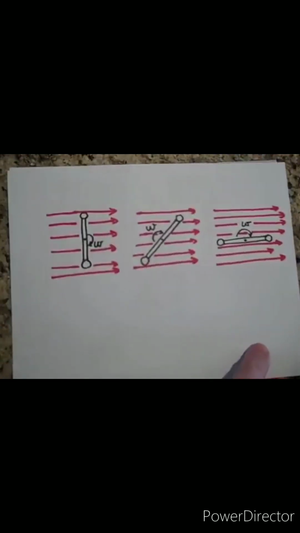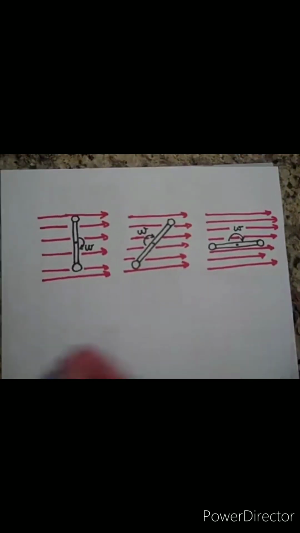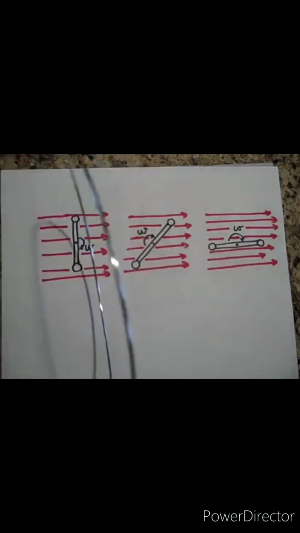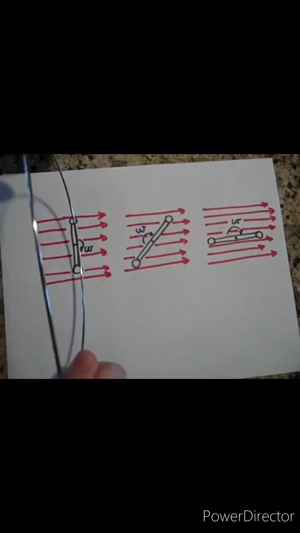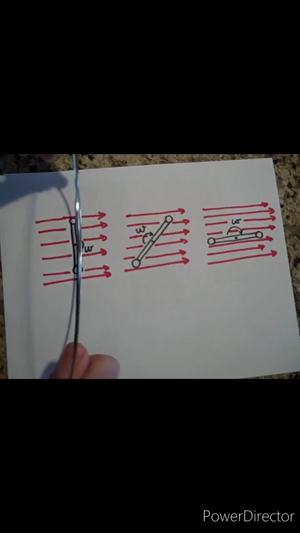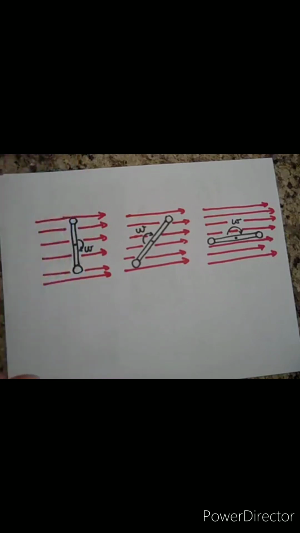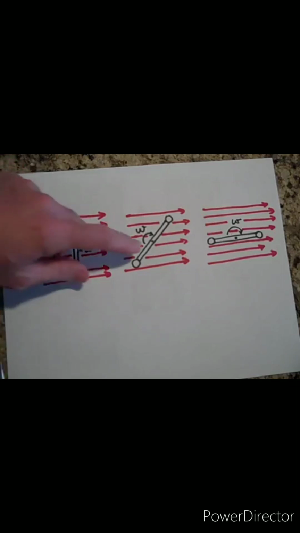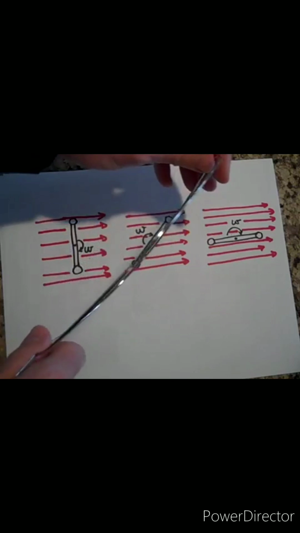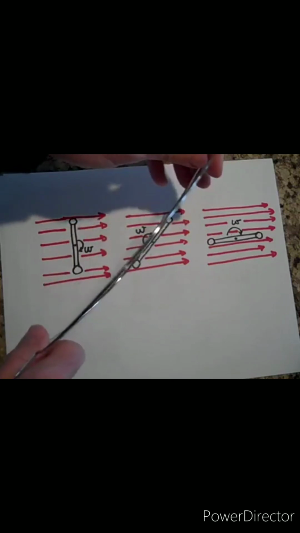So let us detail how it works. Okay, so here is a side view of the hoop. If this is the hoop in the field, it is going to look like that. And the hoop is rotating about this axis, rotating like this.